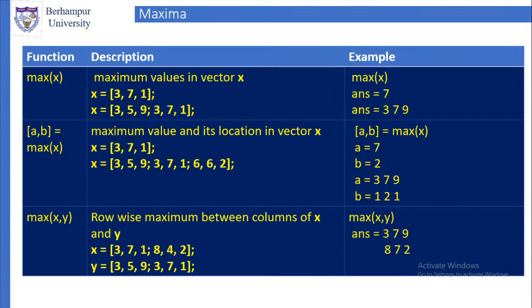So the location is 2. Now if I go to the next example, x is equal to [3, 5, 9; 3, 7, 1; 6, 6, 2], which means it is a 3 cross 3 matrix. Now if I find the maxima, in the first column I have 3, 3, 6, so the maximum is 6. Then the second column is 5, 7, 6.